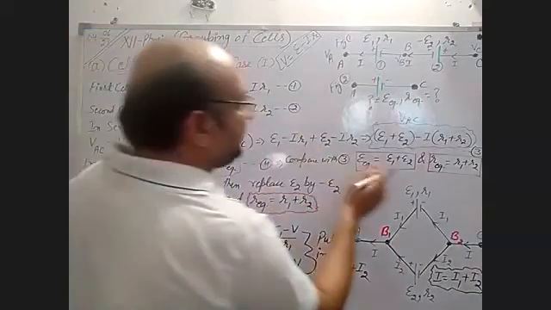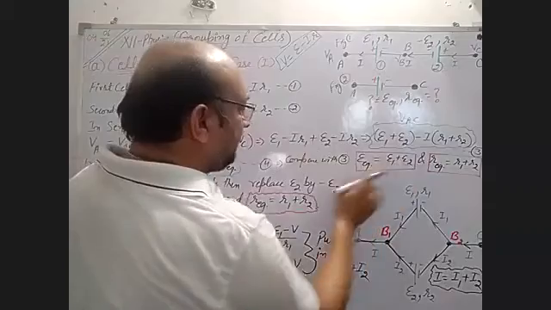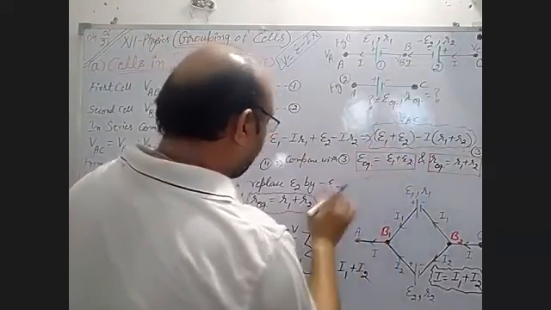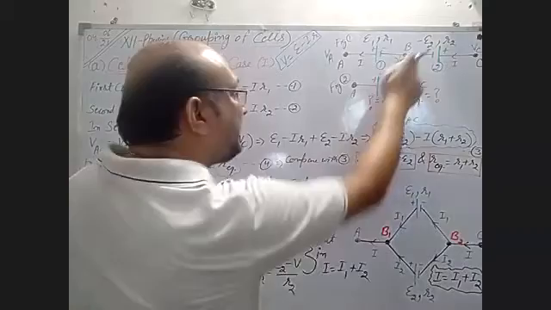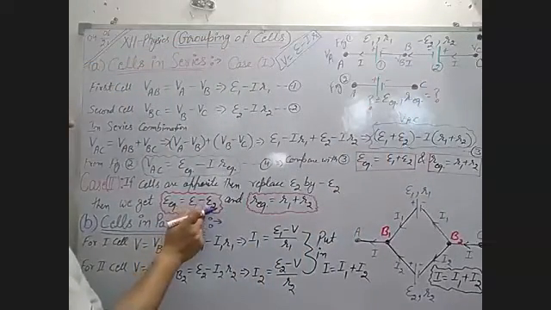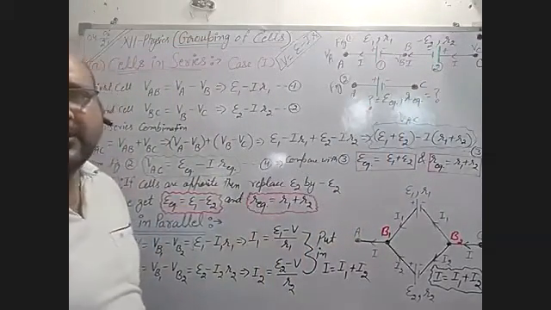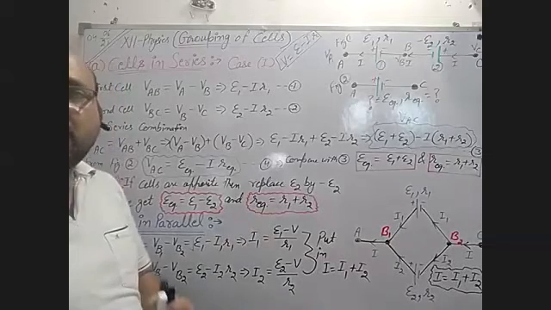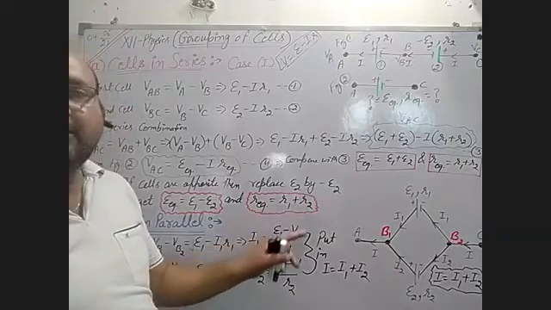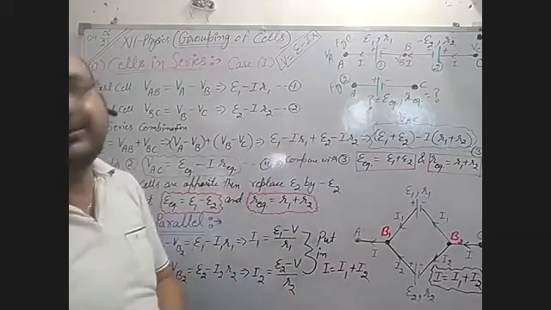If we replace E2 by minus E2, then our result will be E1 minus E2, and there is no effect on the resistance, because resistance has no positive or negative. That's why they are combined in the same way as the previous one.